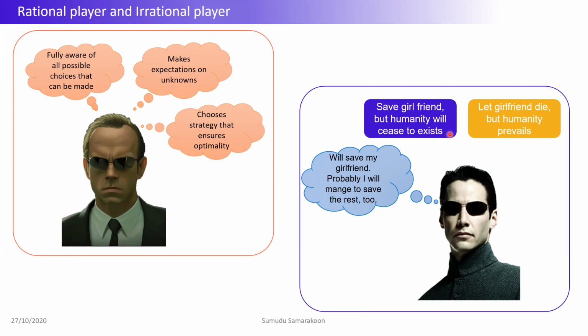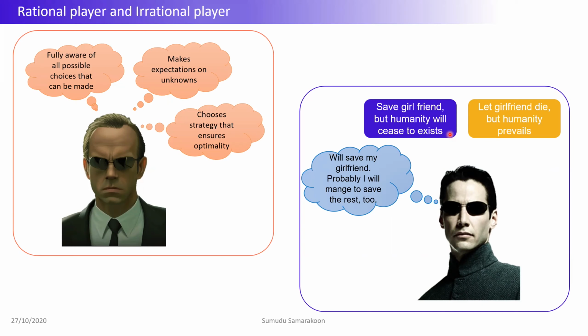On the other hand, we have irrational players. Although they are fully aware of all the possible choices, sometimes they tend to do things differently. For example, in the Matrix movie, Neo had two options once. He could save his girlfriend, but then humanity would cease to exist.